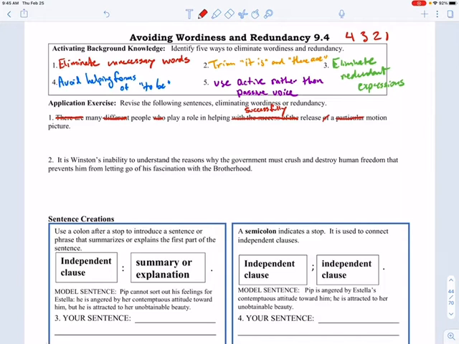So my sentence now reads, many people play a role in helping successfully release motion picture. Okay.